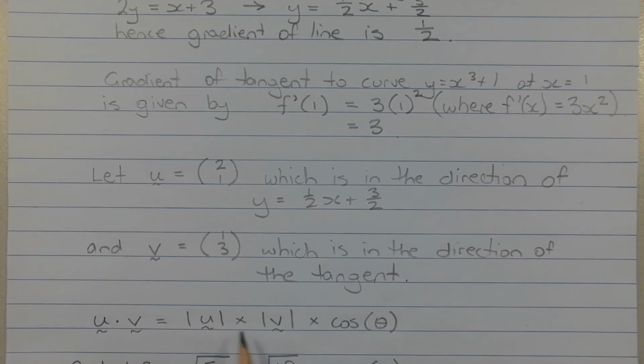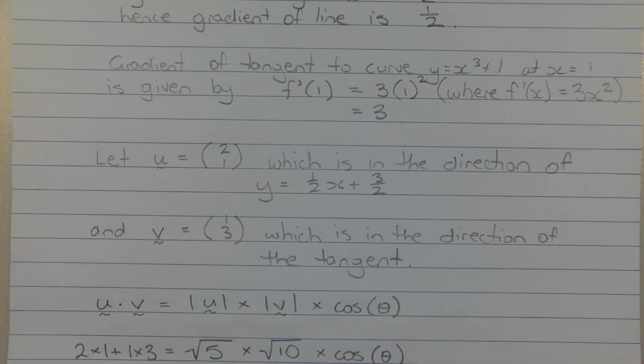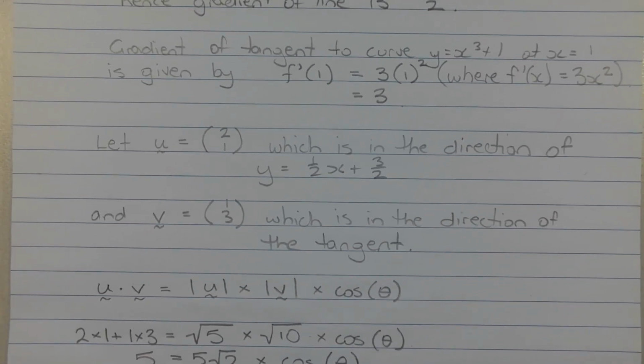Now we can use the dot product formula and solve the dot product formula for theta. So vector u dot vector v is equal to the magnitude of vector u multiplied by the magnitude of vector v multiplied by cos theta, where theta is the angle between the two vectors. Now u dot v is equal to 2 times 1 plus 1 times 3.